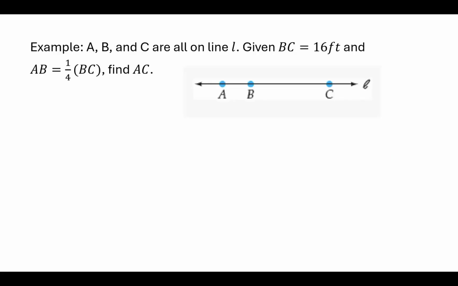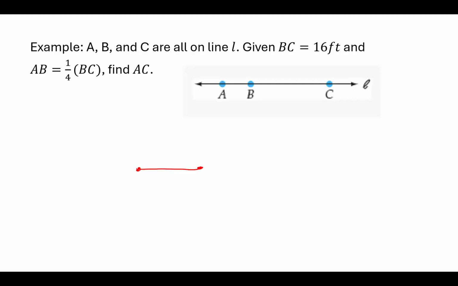An example in geometry would be A, B, and C are all on a line L. These represent points. We typically represent points by using capital letters. And a segment of a line is something that has a beginning and an end.